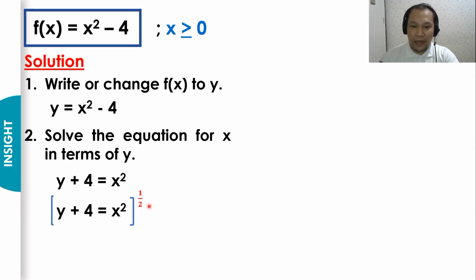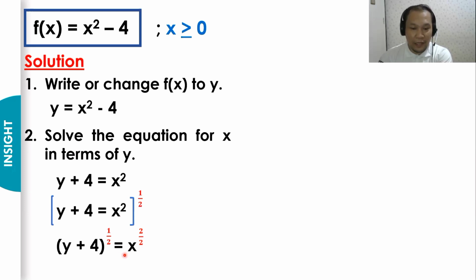Okay, then applying the concept of power law, we are going to distribute the exponent, which is 1/2, and then multiply 2 by 1/2. We have 2 all over 2, and 2 divided by 2 is equal to 1.